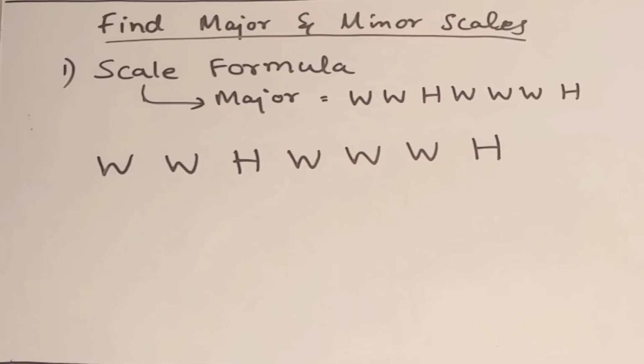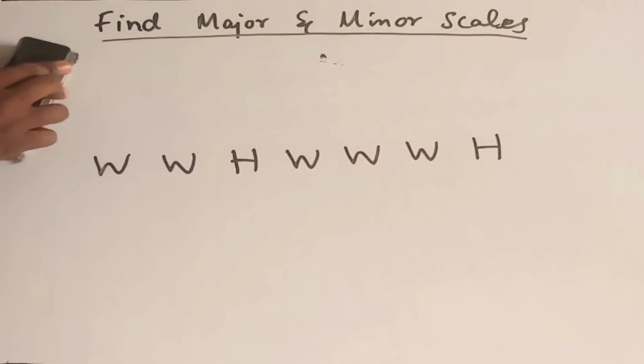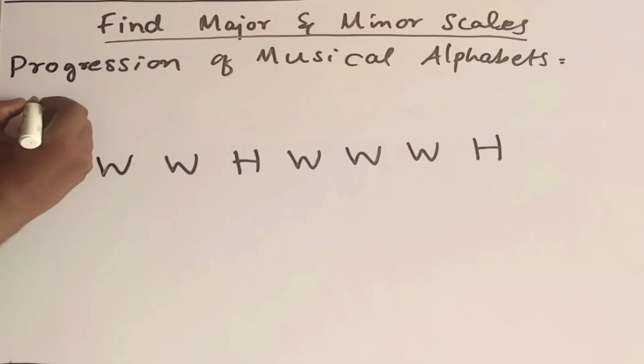Now before we do this, I want to write down the progression of musical alphabets. I hope you all know that musical alphabets are A, B, C, D, E, F, G. But then there is a way that these musical alphabets progress.